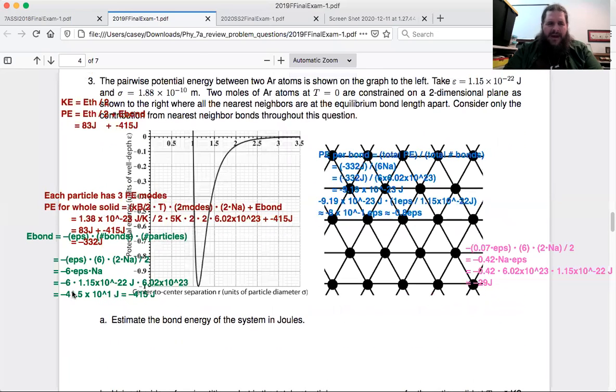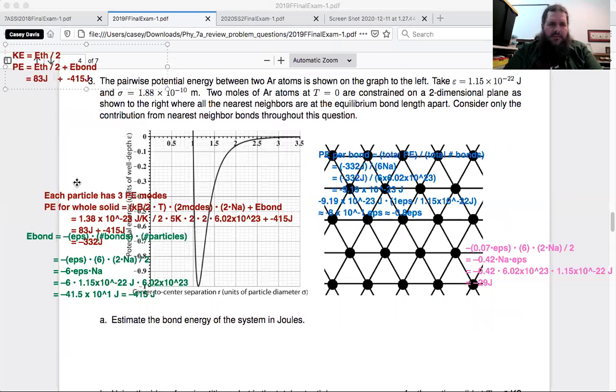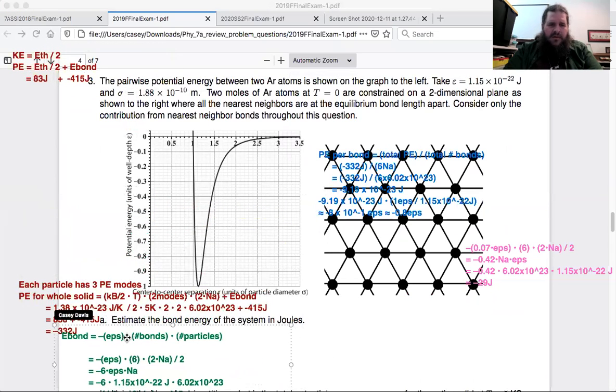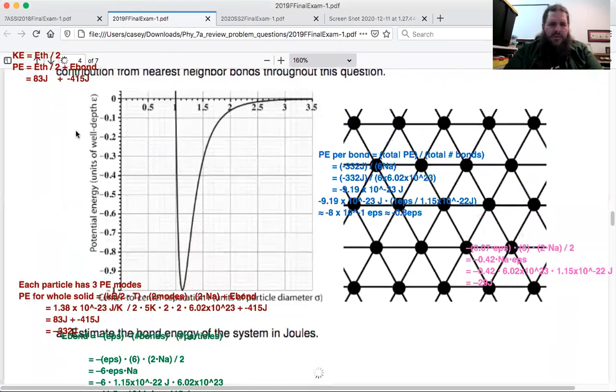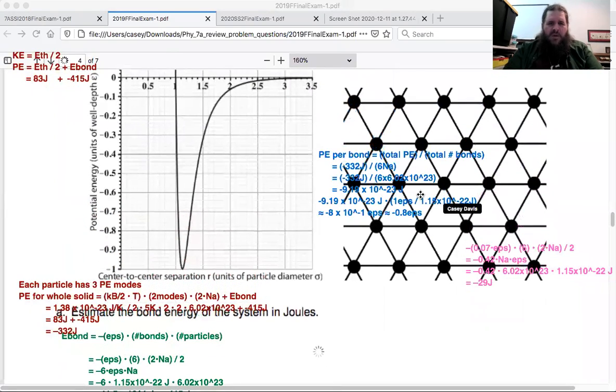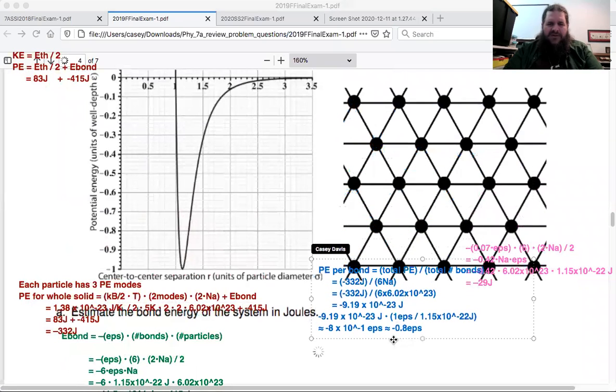So if we go back to the graph, move these to the side. Going back to our potential energy graph, we know that the average potential energy is negative 0.8 epsilon. So that is right here.